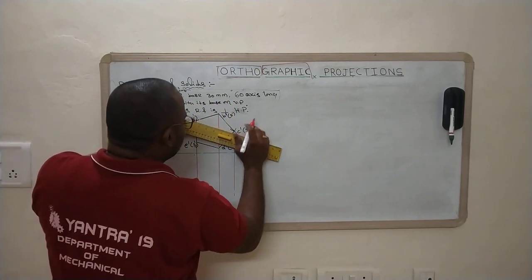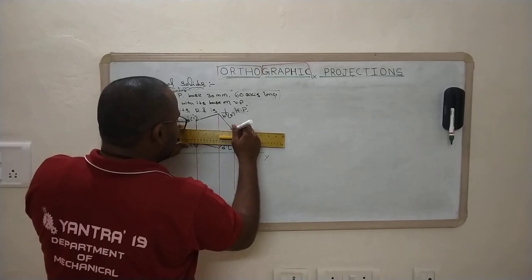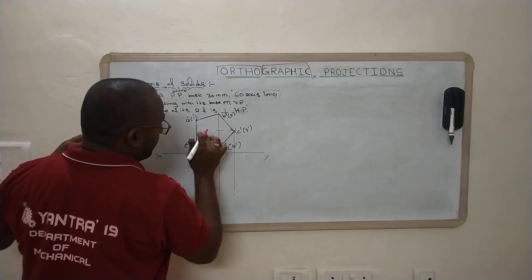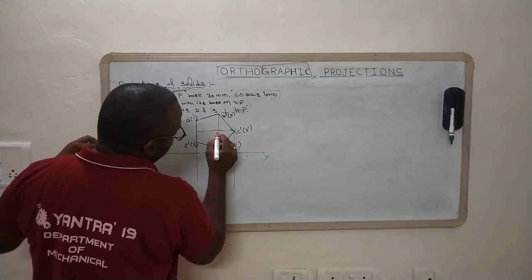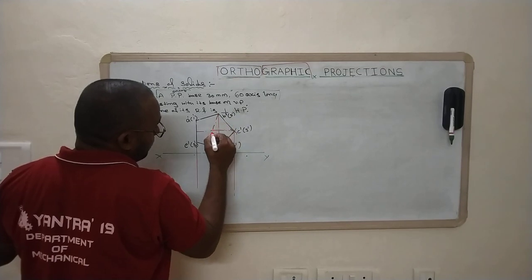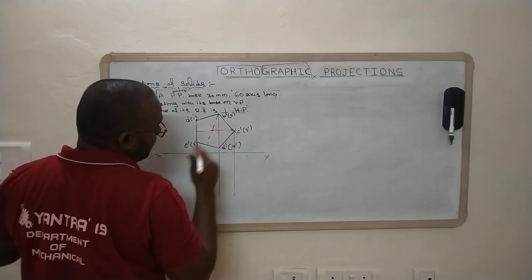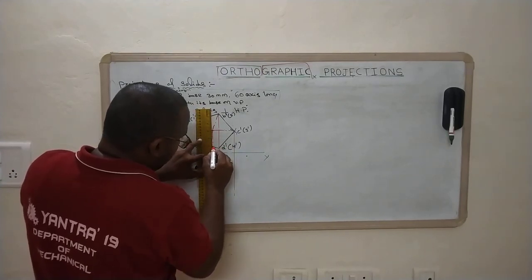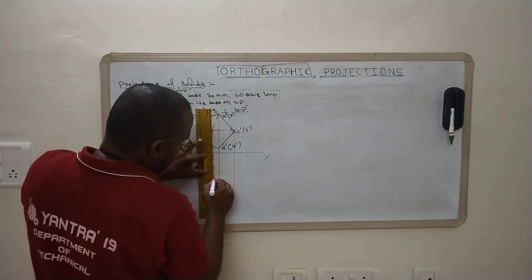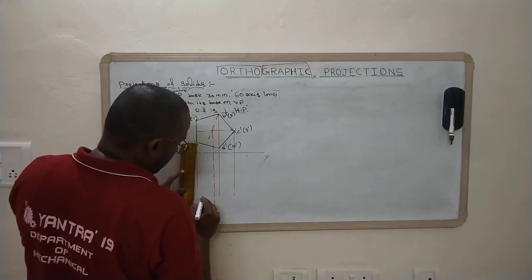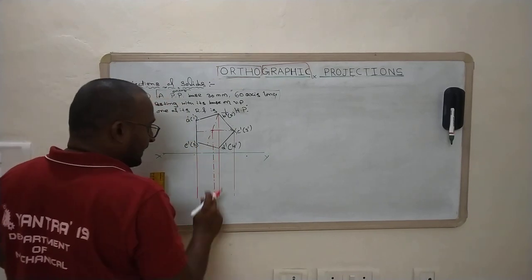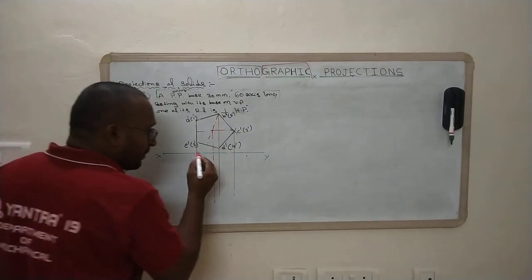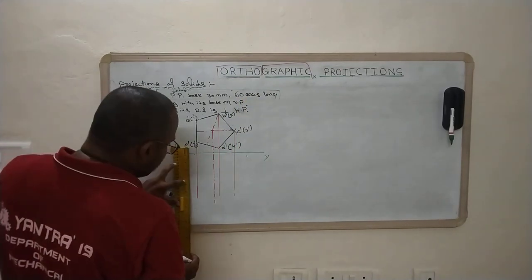Now we need to get the center line. The center axis length is about 60 mm, so mark the 60 mm length from here.